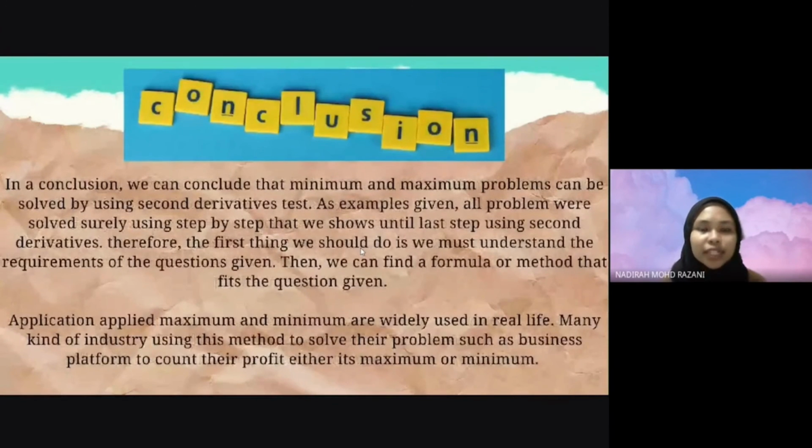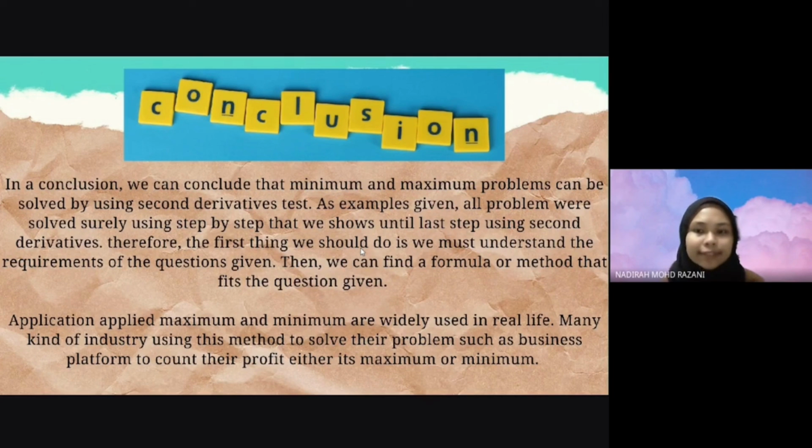In conclusion, we can conclude that minimum and maximum problems can be solved by using second derivative tests. As examples given, all problems were solved using the step-by-step method that we chose until the last step using second derivatives. Therefore, the first thing we should do is understand the requirements of the questions given.